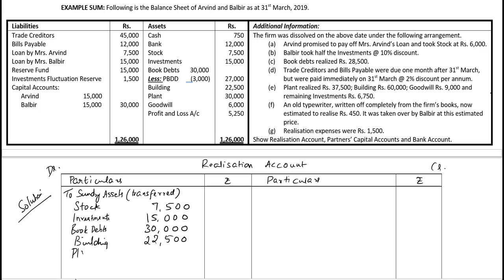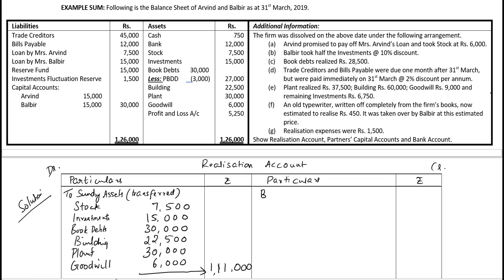Plant, 30,000 rupees. And finally, goodwill, 6,000 rupees. The total of the assets transferred is 1,11,000.